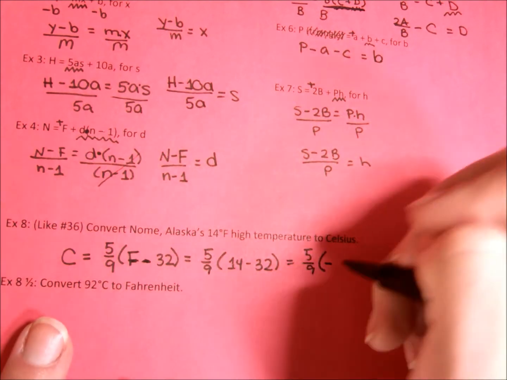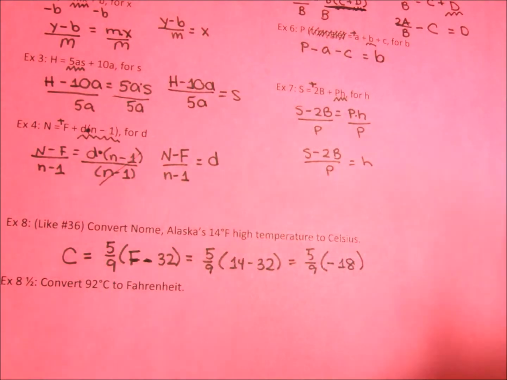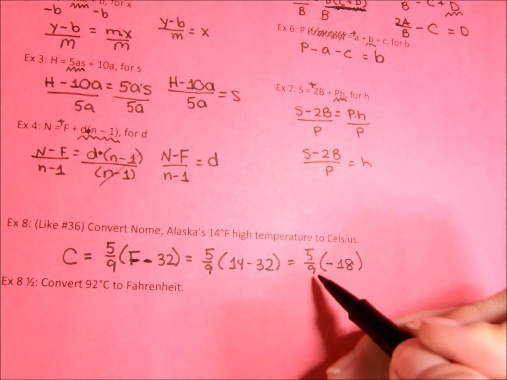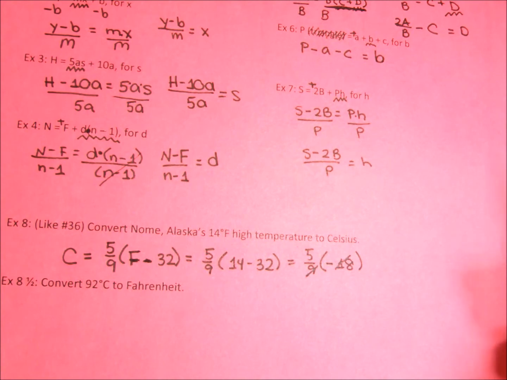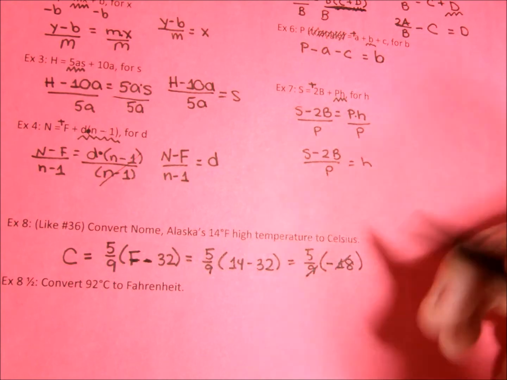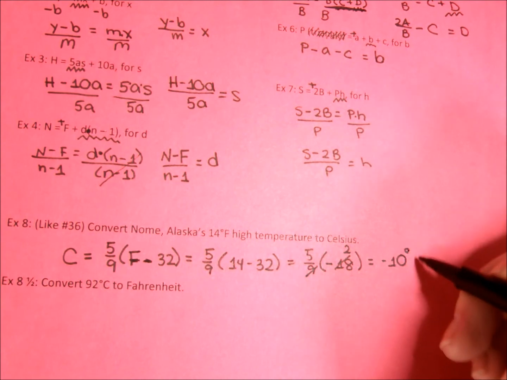So negative 18. Any shortcuts right there? You can divide. 9 goes into 18 how many times? Twice. Good. All right. So we have negative 10 degrees, and we're going to label it as Celsius.